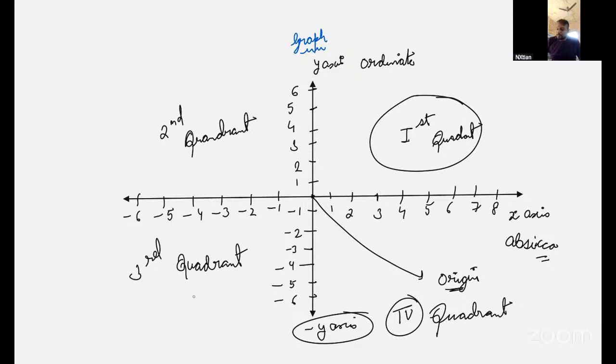Okay. Now listen, guys. How to mark a point? If a point is here, how to write the address?